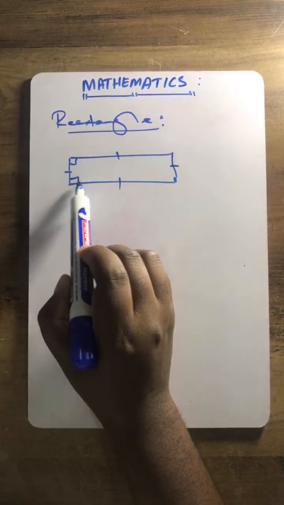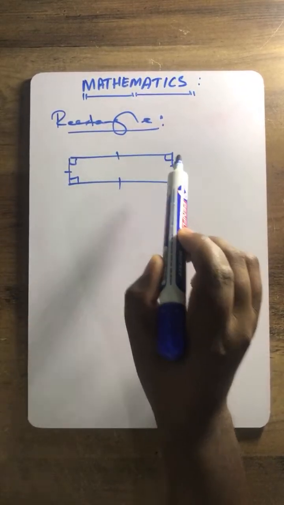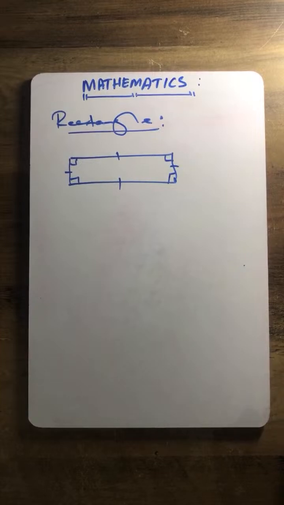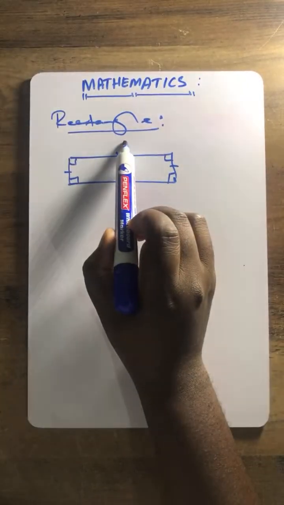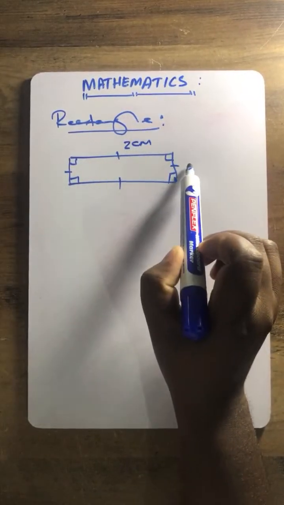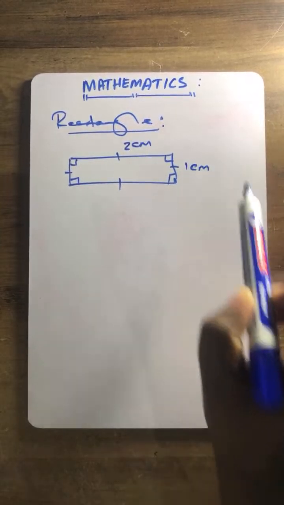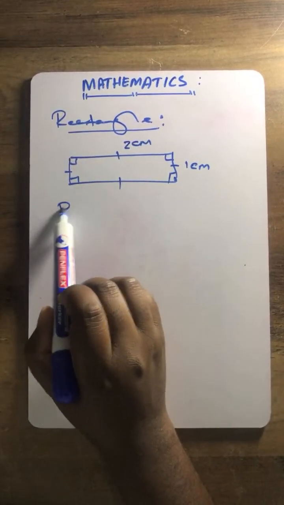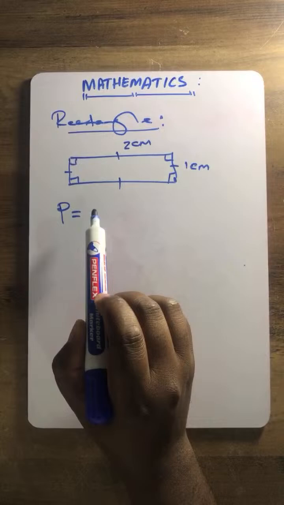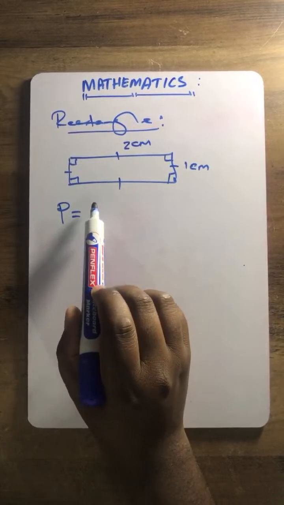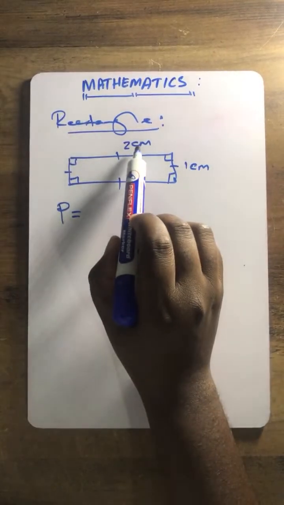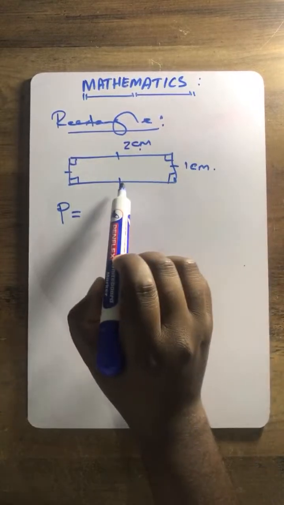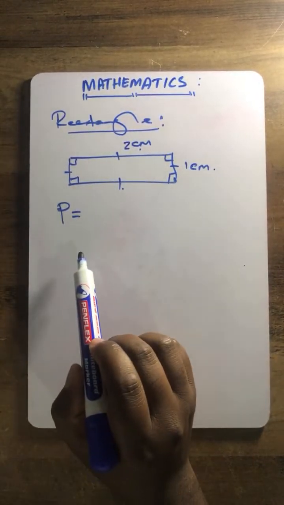The inner angles are 90, 90, 90, 90. Then when it comes to the sides, let us say this is 2 centimeter, then that is 1 centimeter. So when it comes to calculations related to the perimeter, we're going to say the perimeter is equal to that length plus that length plus that length plus that length.